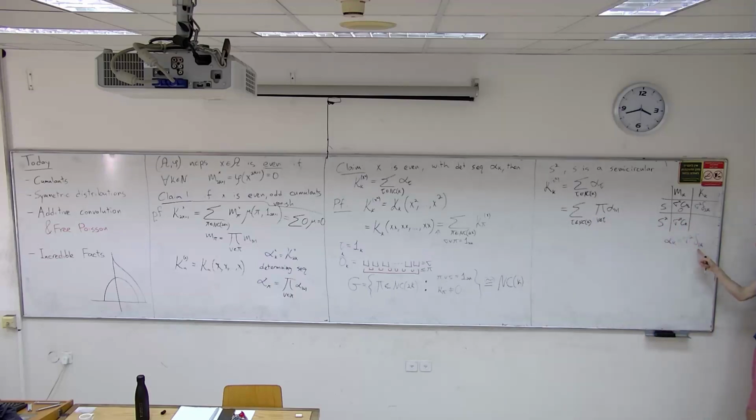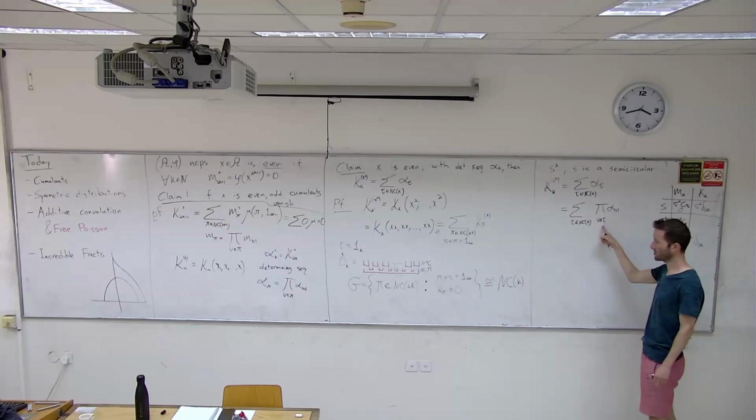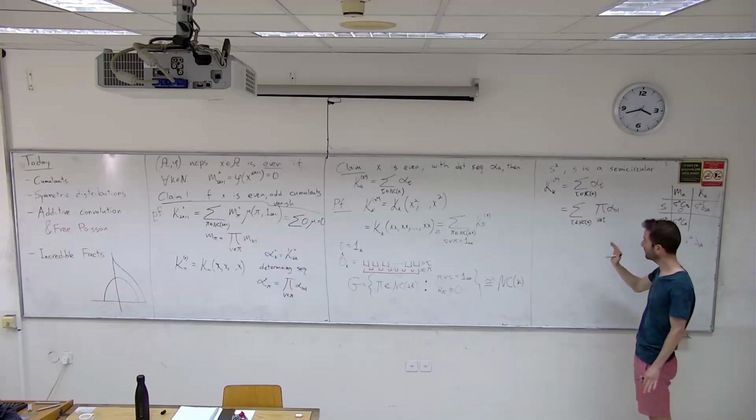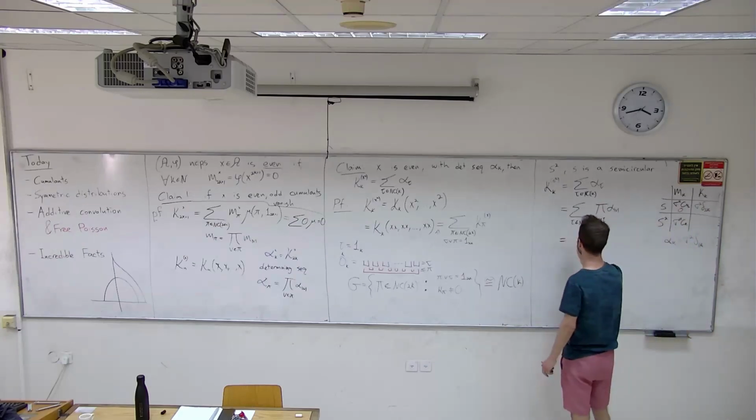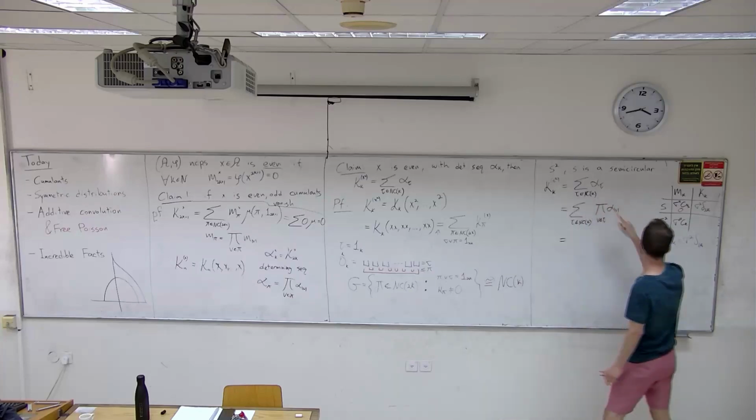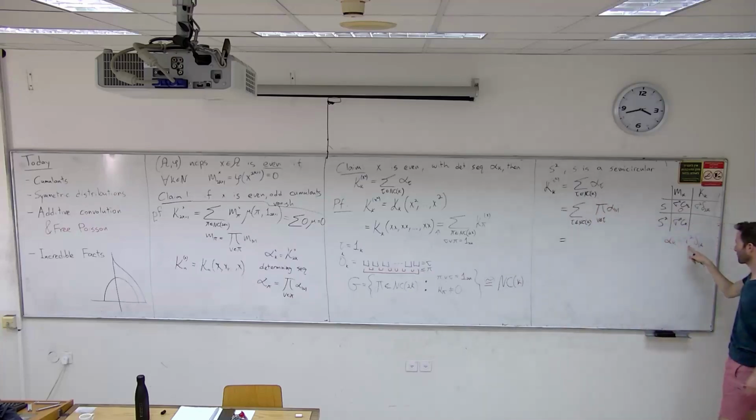But if the part is not of size 1, it will vanish. So I need all the parts to be of size 1, so I only care about the 0 element. So what would it equal? I have sigma squared exactly k times.